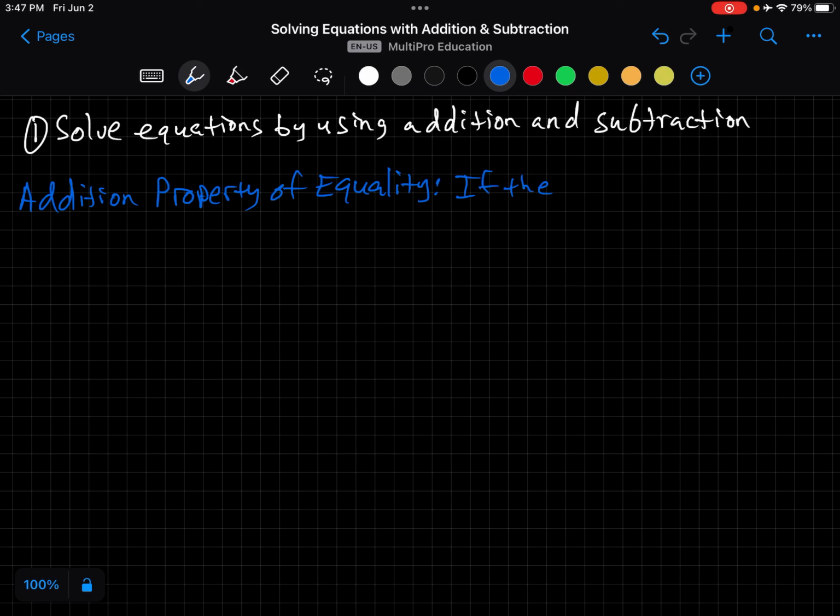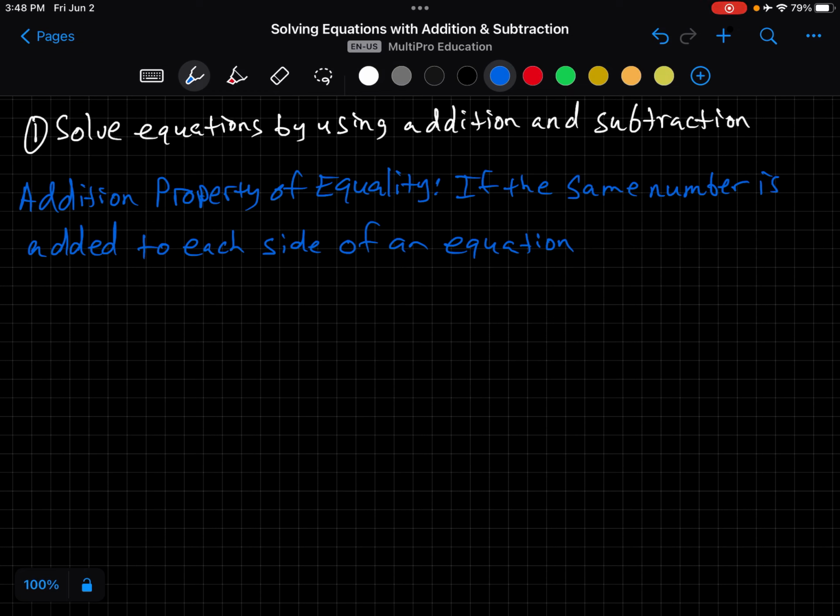It says if the same number is added to each side of an equation, the resulting equation is true.